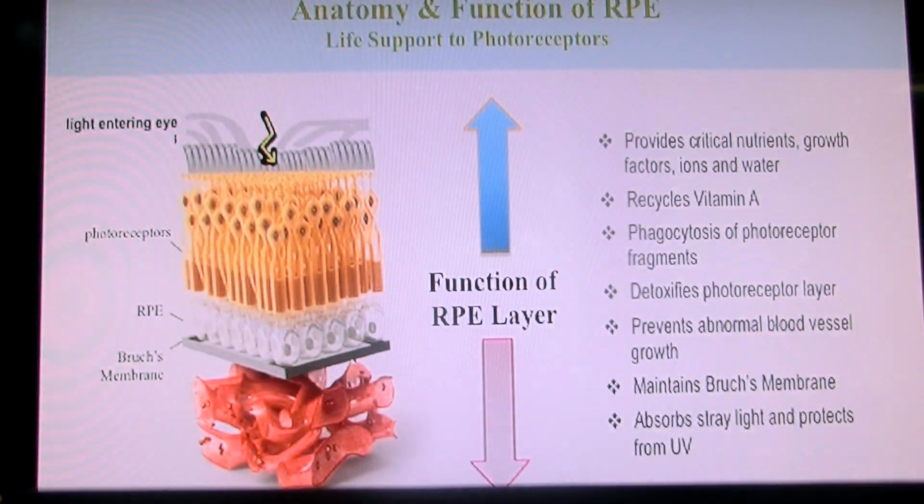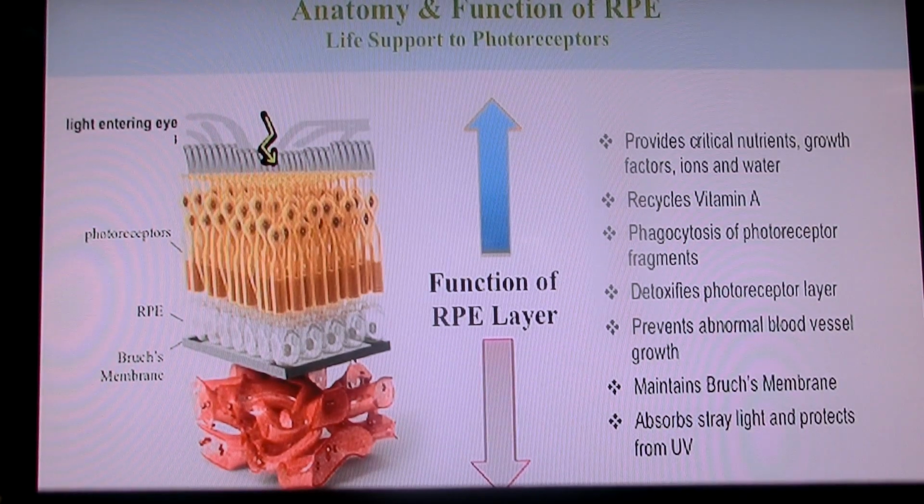So if you look at the eye, this is a cartoon of the eye. The light enters the eye, and it hits these photoreceptors. Again, these are the cones and the rods that we see black and white with in color. And underneath them are these RPE cells. And those RPE cells are the life support to photoreceptors. So they do all sorts of important things, and I couldn't even begin to list them all here.